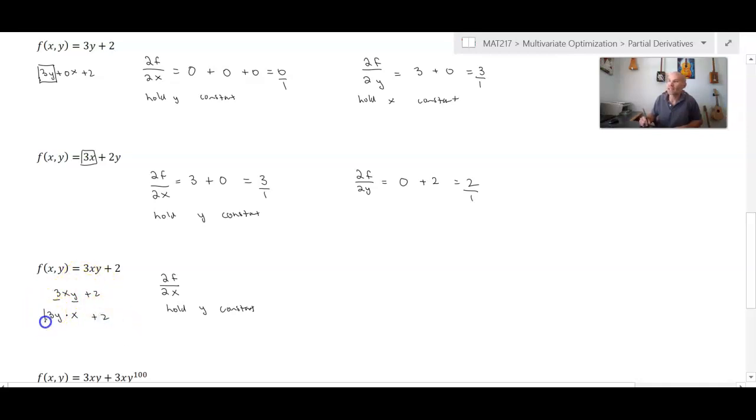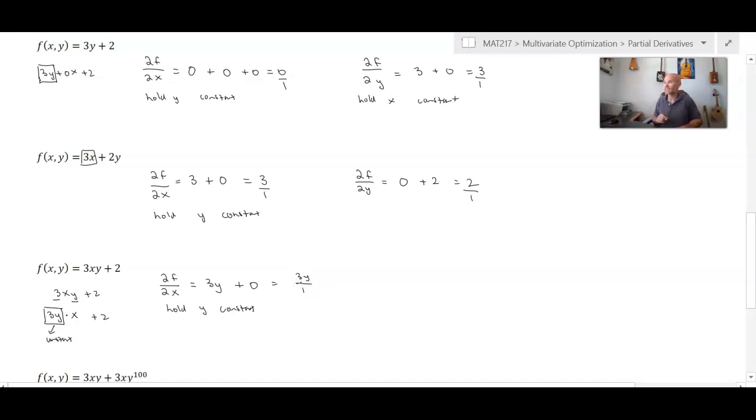And what that means is that 3y is a constant, and I have a constant times x. Well, what's the derivative of a constant times x? Well, it's the constant, like the derivative of 3x was 3. So in our case, the constant is 3y. And so the derivative of 3yx with respect to x will just be 3y. The derivative of a constant 2 is still 0. And so I get a derivative of 3y over 1.